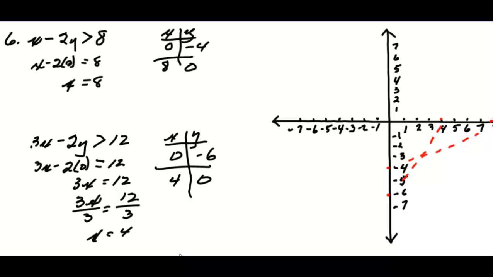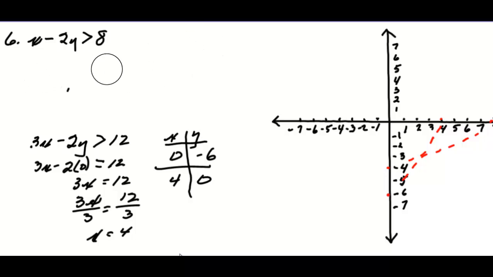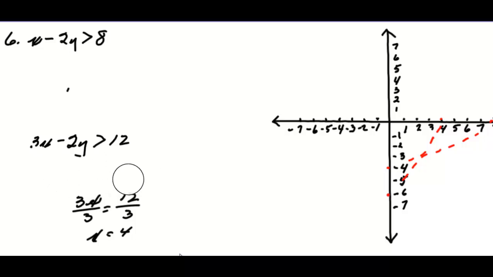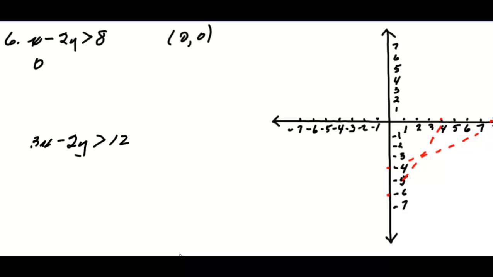The last thing we have to do, of course, is determine where we're going to shade. So what we do is we take the 0, 0 point for both of our equations. I'm going to erase our work there, and then we're just going to do the 0, 0 point for both of them. In the first one, using the 0, 0 point, we'll have 0 minus 2 times 0 is greater than 8.